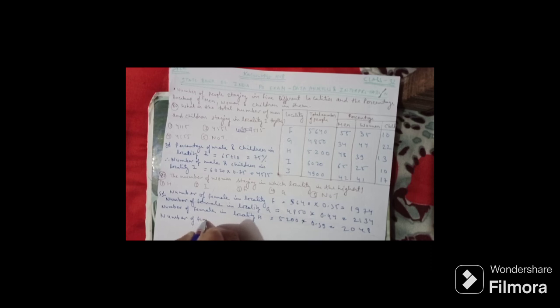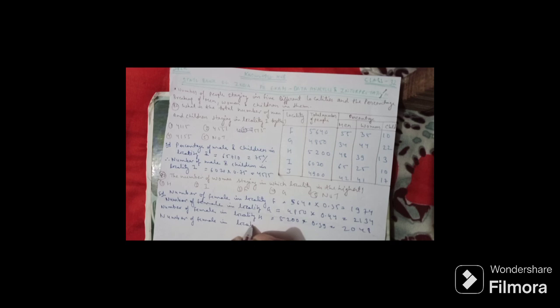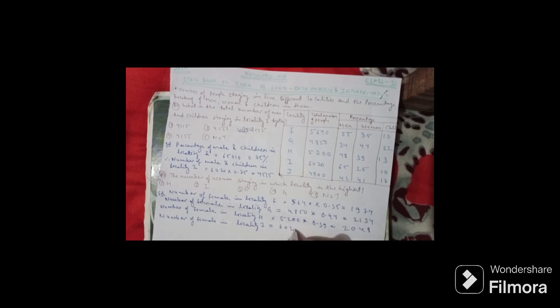Now number of female in locality I equals 6020 into 0.25 equals 1505.